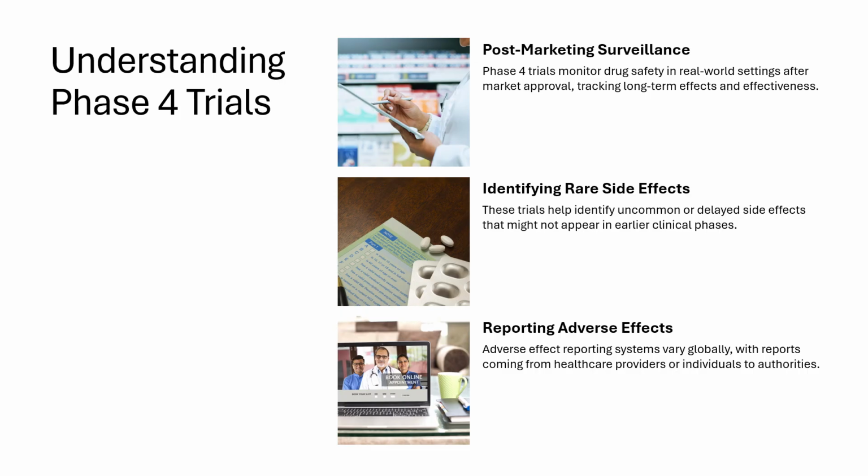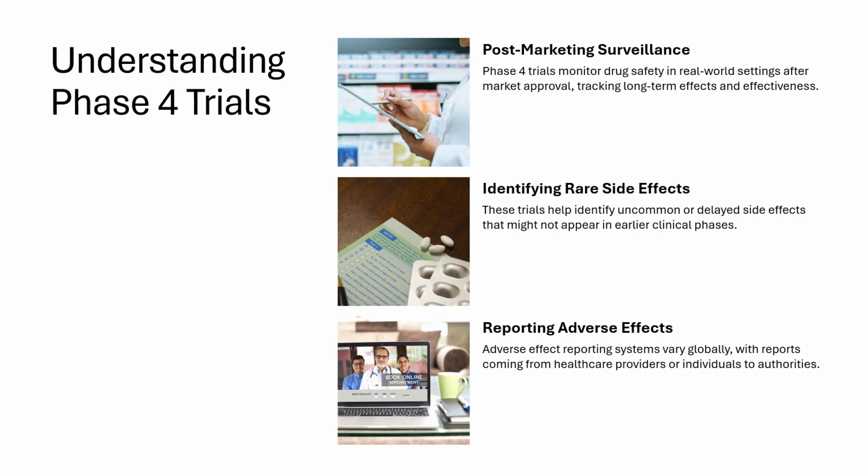For example, some drugs have been pulled from the market after post-marketing data revealed unexpected safety concerns. This phase helps balance the risk-benefit profile of the drug and can lead to updates in dosing, new warnings, or even withdrawal of the drug from the market if necessary.